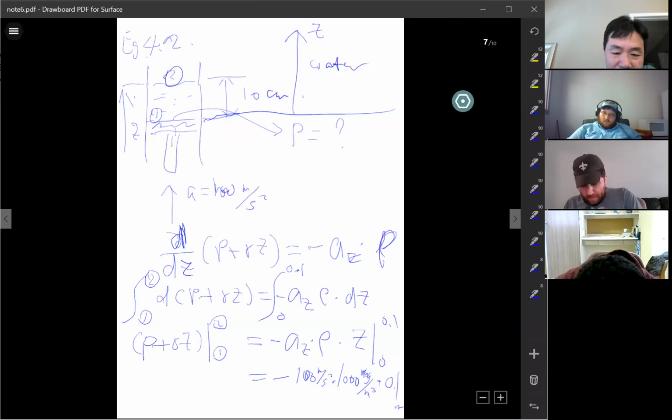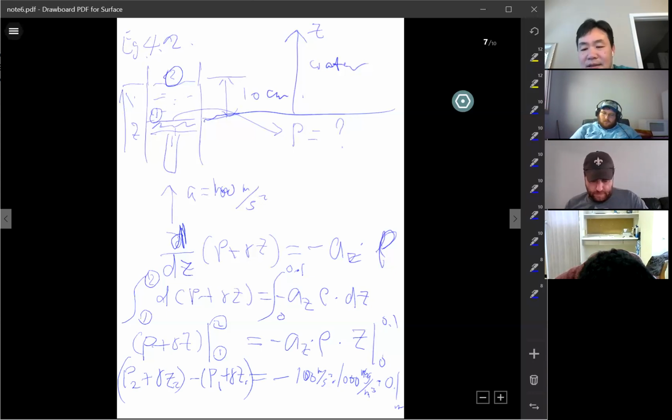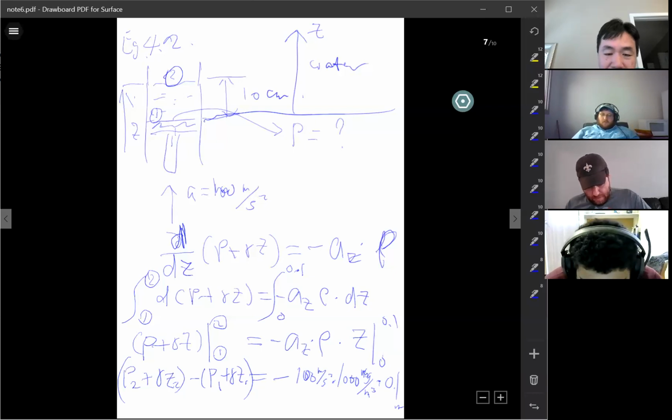Okay, right-hand side, everything is known. What's the left-hand side? It will become p2 plus gamma z2 minus p1 plus gamma z1. Does that make sense to everybody? Do you know everything?